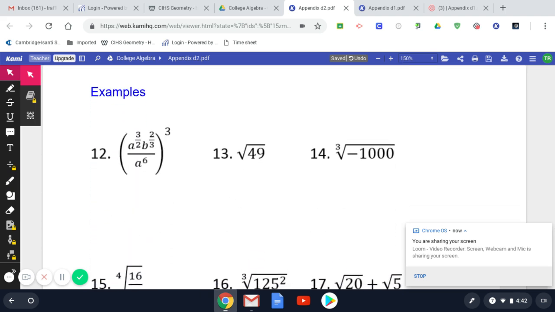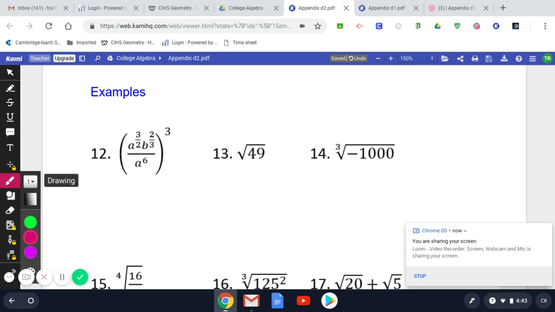A couple more examples. If I look at this one, I can deal with a couple different things. If I think about just the a's, I can simplify that inside here first. So I have b to the 2/3, and then I could subtract 3/2 minus 6, so that a is negative 9/2.